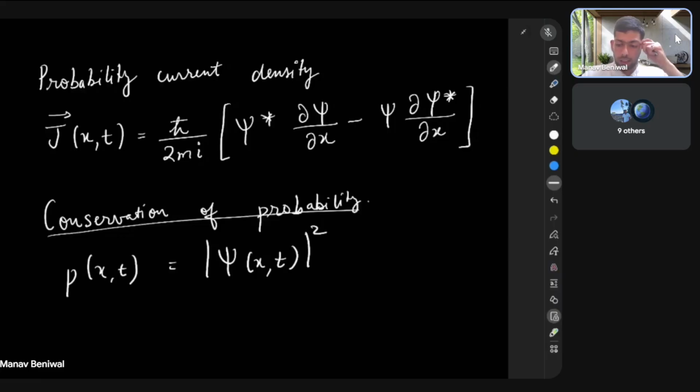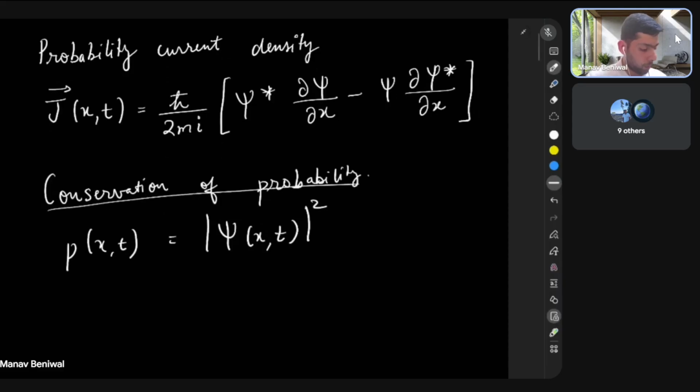So the physical significance is that if the probability of finding a particle in a specific region decreases over time, it doesn't just vanish. Then this continuity equation tells us that it must have flowed out of the region as a probability current J.